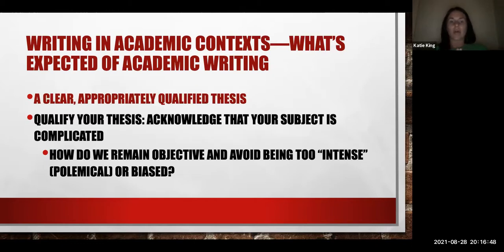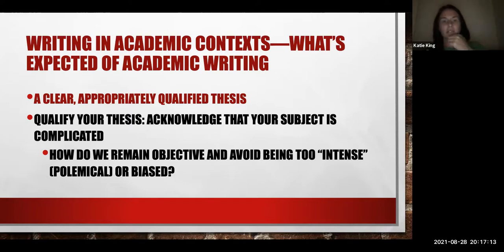We also need a clear and appropriately qualified thesis. Well, what does that mean? To qualify something means to try to acknowledge its complexity by saying, okay, here's one premise, here's another premise, here's this, right? And while we acknowledge all these things, here's why I'm still arguing what I'm arguing, right?